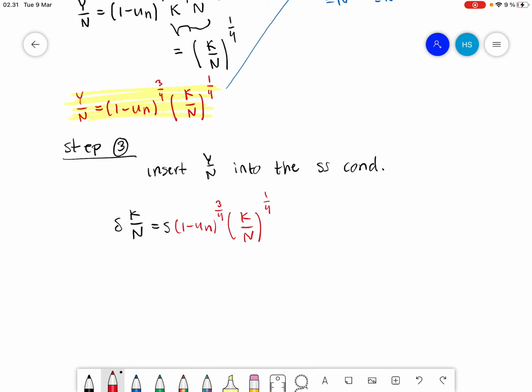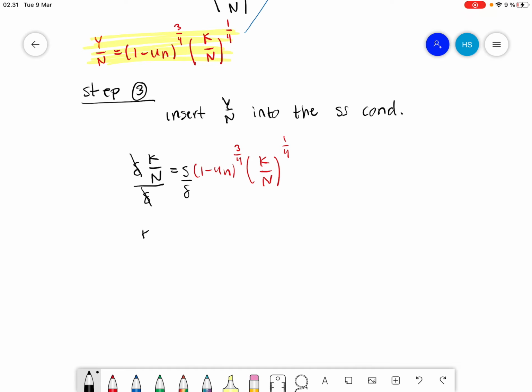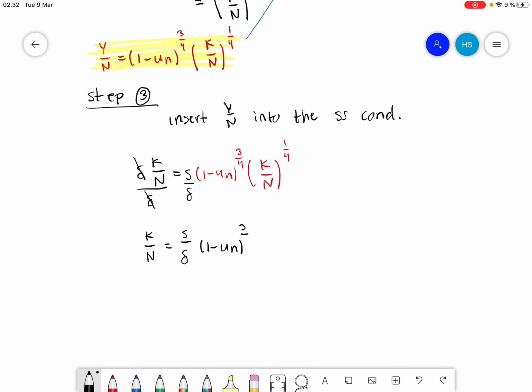Now what I do is divide both the left and right hand side by delta. So delta cancels out on the left hand side, and we have K over N. That should be equal to the savings rate over the depreciation rate times (1 minus the natural rate of unemployment) to the power of 3/4 times K over N to the power of 1/4.